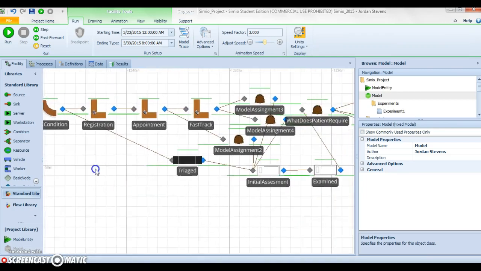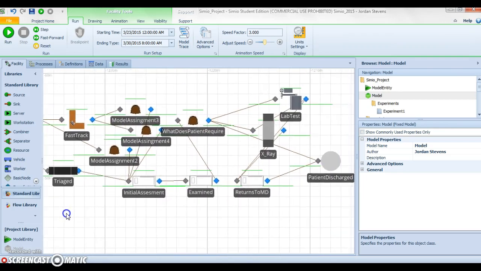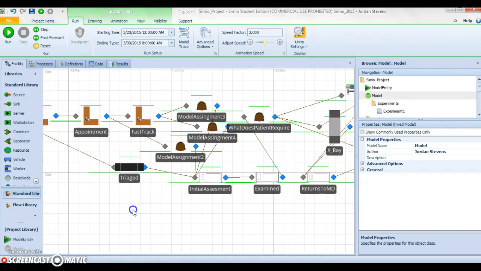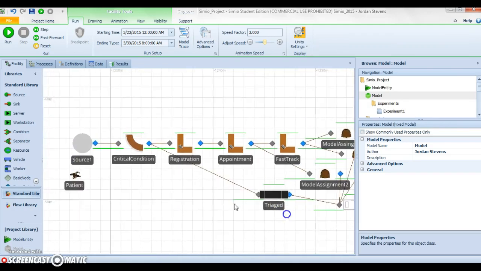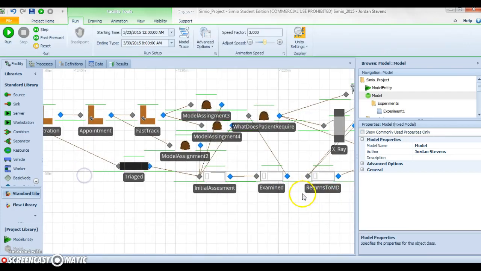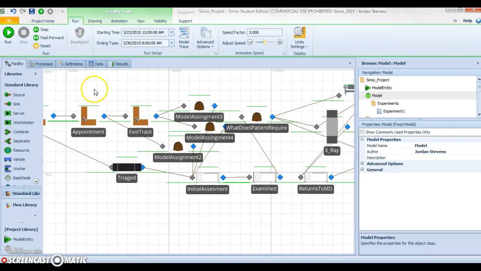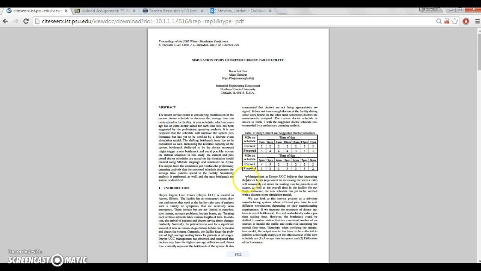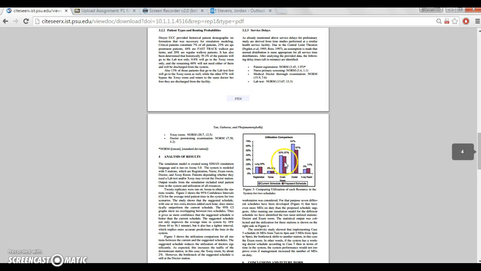So I did everything in the system exactly what the paper said to do, including the schedule, and then I guessed around for values of the minutes, and I came up with 22 minutes as my initial rate that matched the current schedule with the scheduled utilization results. In the paper, it says that at the current schedule, there's a 64% utilization for the doctor.